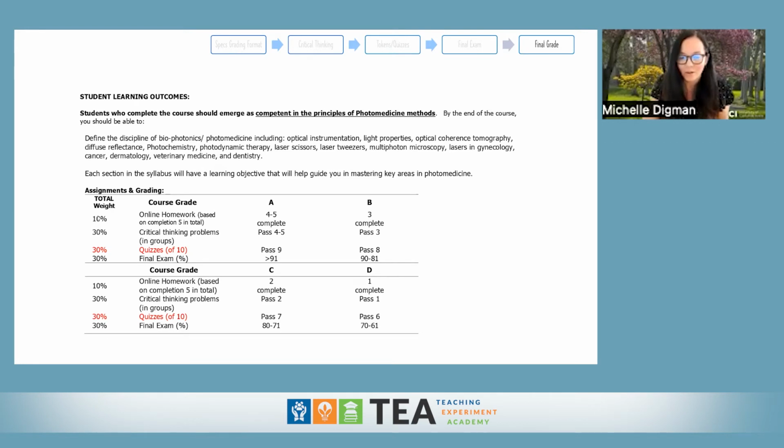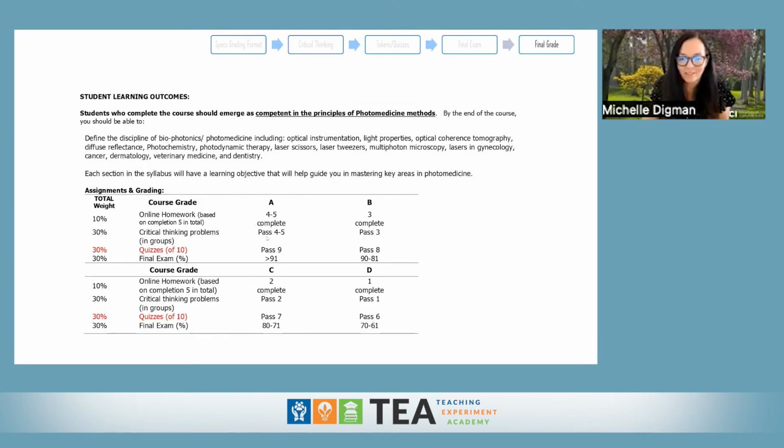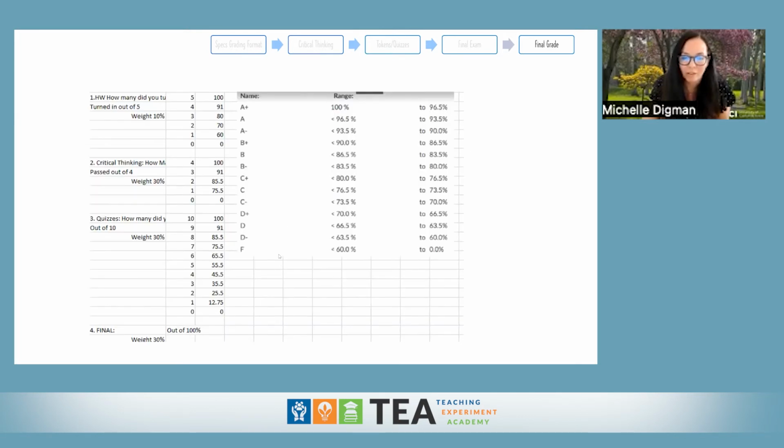So what I decided to do is, this was already placed in the syllabus, the total weight. So I went back and did it in an Excel sheet just to give you an idea as to how I transferred these pass, fail, submitted assignments to some sort of numerical score so that I can give them a final grade in the exam. The final was easy because it was already numerical, but how do I gauge this student going in with an A, but then bombed the exam with the final score?